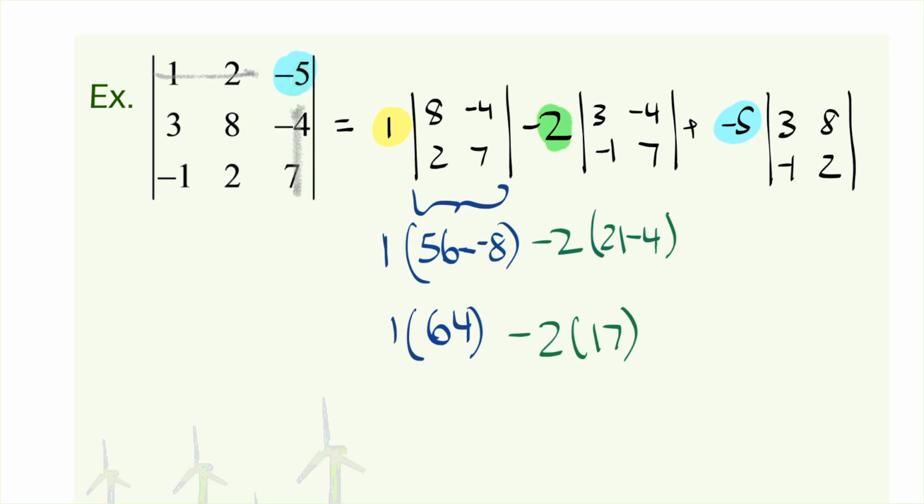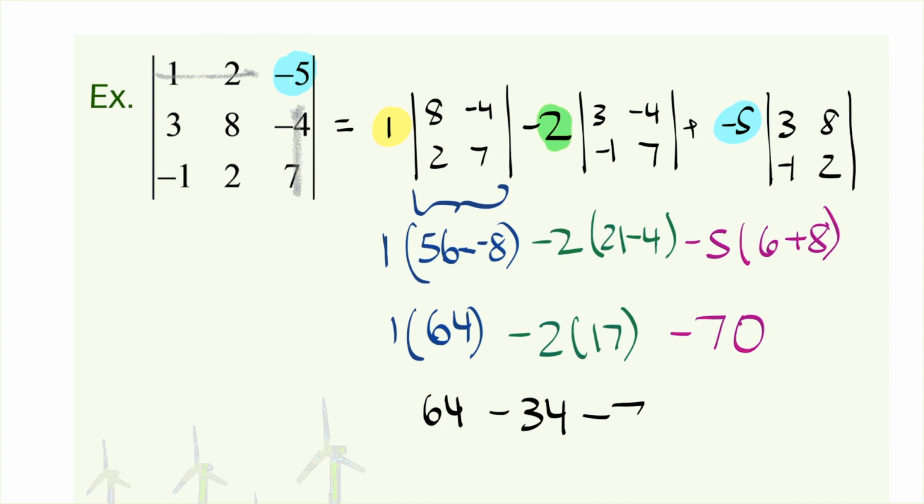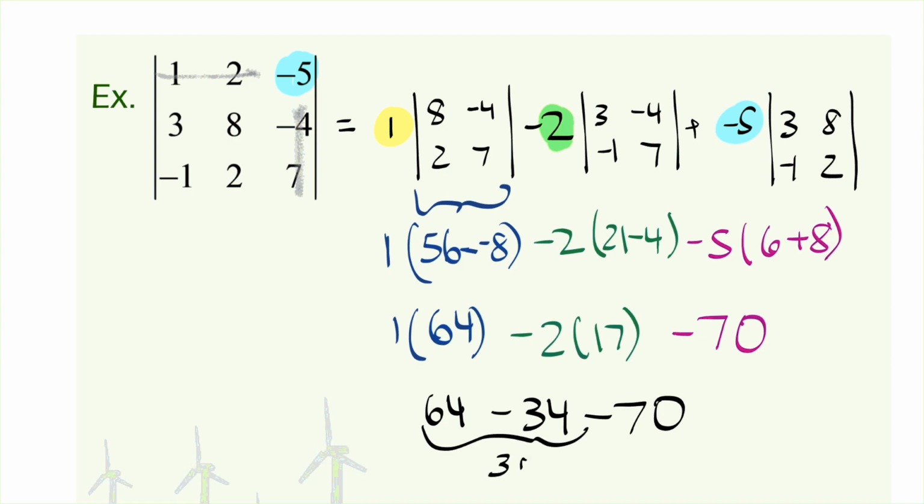Just going across, it's -5 times 6 plus 8, so that's going to be -70 there, doing the 5 times the 14. So 64 minus 34 minus 70, 38 minus 70, we get -40.